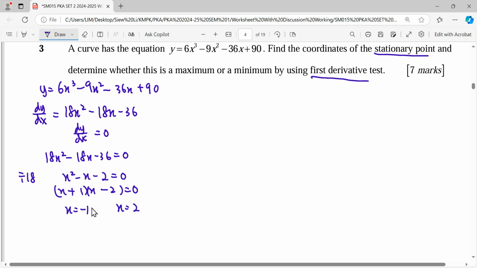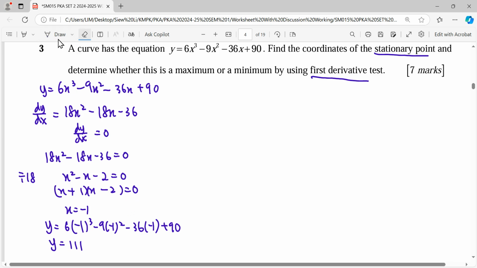So once we find our x values, which are 2 and negative 1, then we can continue to find our coordinate y. So substitute inside the original function here. So for x equals 2, we substitute into our function here.